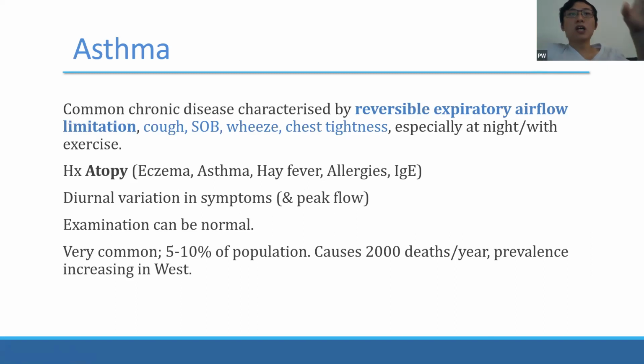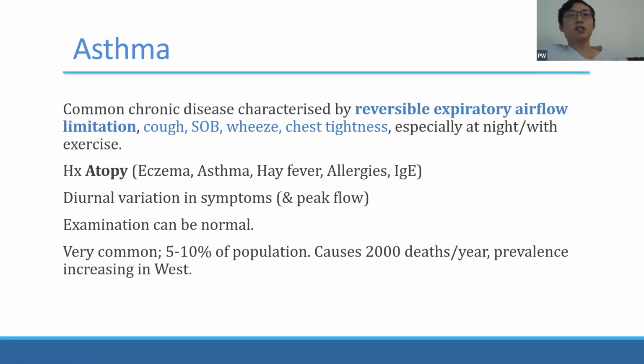Asthma is one of the triad of diseases of atopic responses, basically. So eczema, asthma, hay fever, allergies, all these are IgE mediated, and they all have similar epidemiological linked criteria.